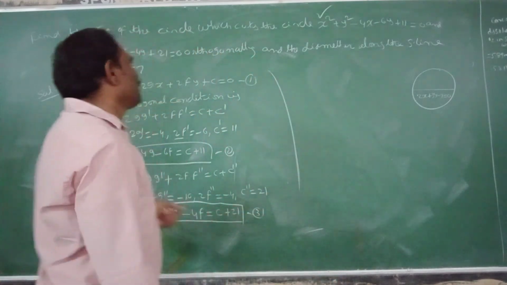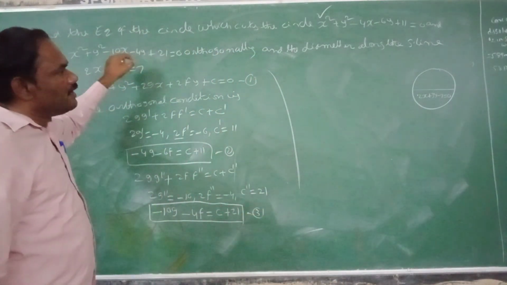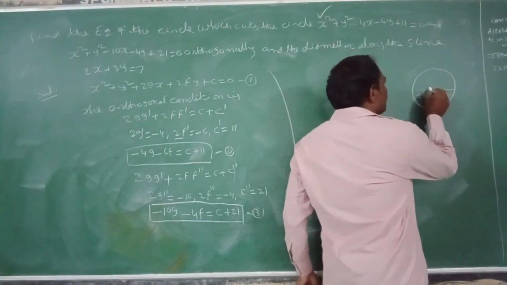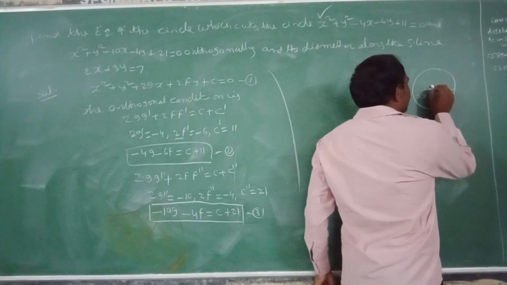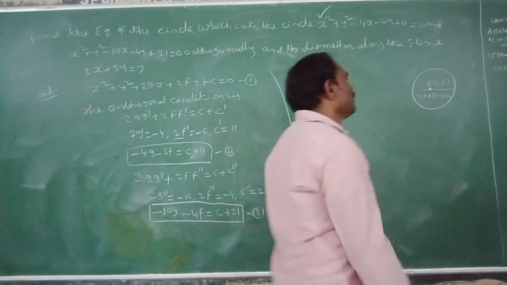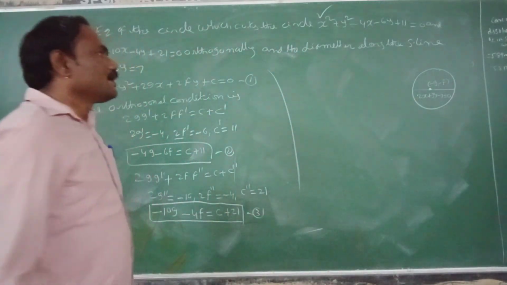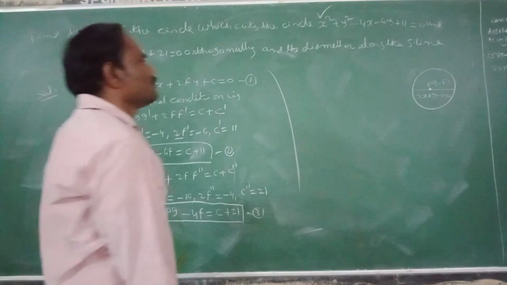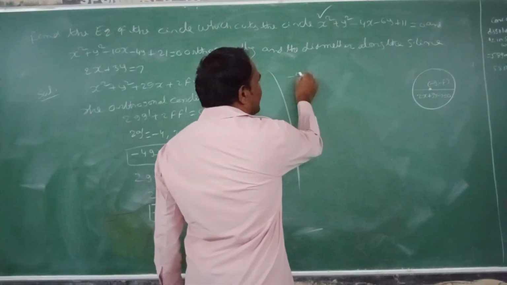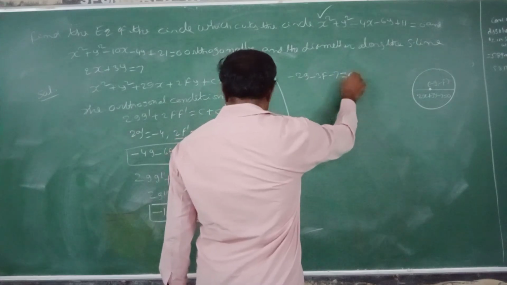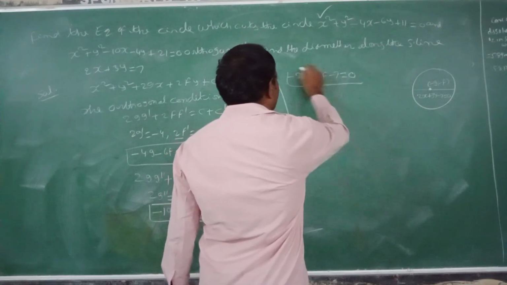Therefore, the center of the required circle always lies on the diameter. So the center lies on the straight line 2x plus 3y minus 7 is equal to 0, giving minus 2g minus 3f minus 7 is equal to 0. This is the third equation.